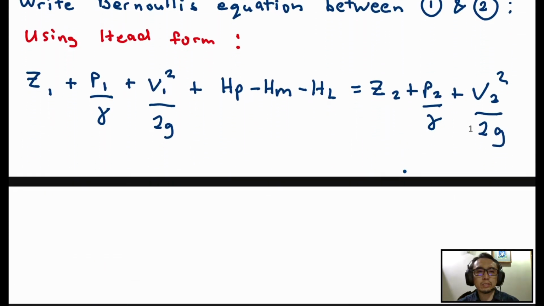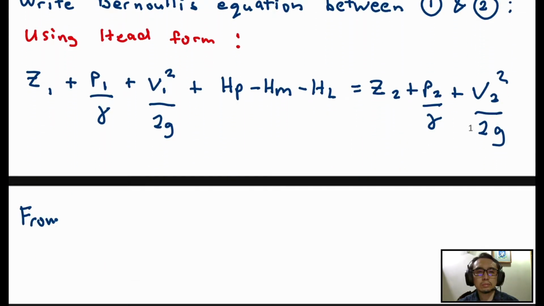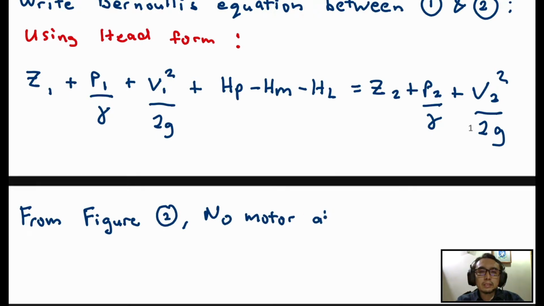So from figure 2, we can see that there's no motor at point 1. So that implies Hm is equal to 0. The motor at point 2 is not in between point 1 and 2, so we don't consider that particular motor.